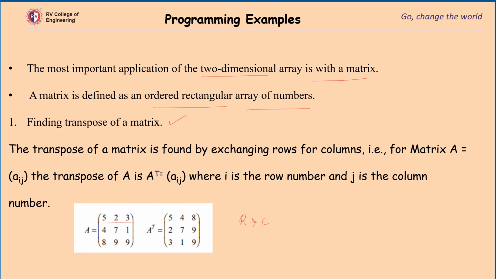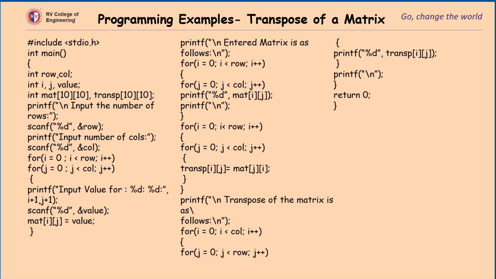Now how do you go about this program? You have to read the input from the user. Runtime initialization: read the elements, store them into this matrix. Right? Now just print the matrix. So till here it is common. Always you have to read and you have to print.